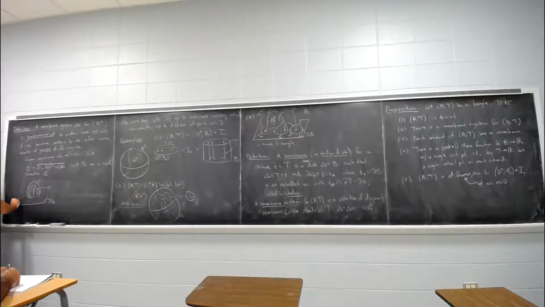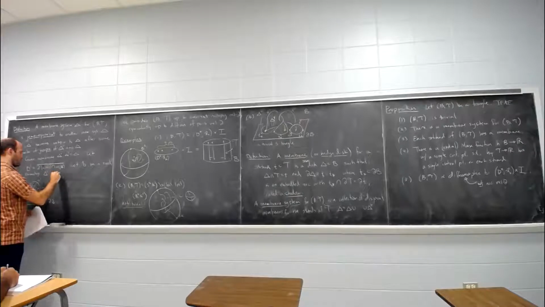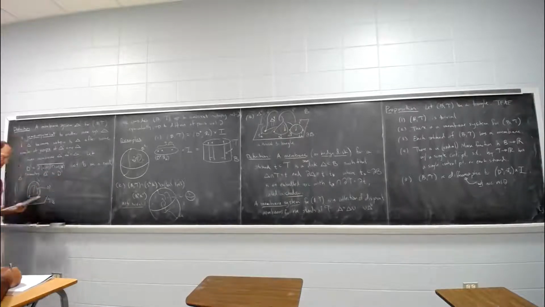Maybe I'll just draw a piece of it. Maybe it looks like this. So this is our other membrane, delta I. The band is going to connect delta I to this cap, to the cap D J.